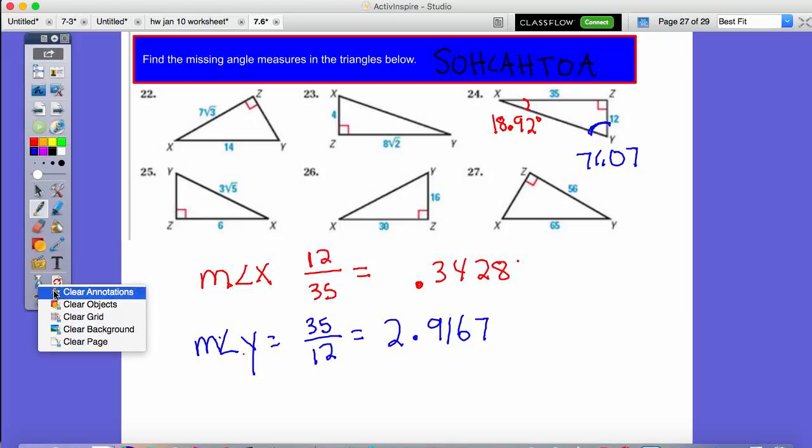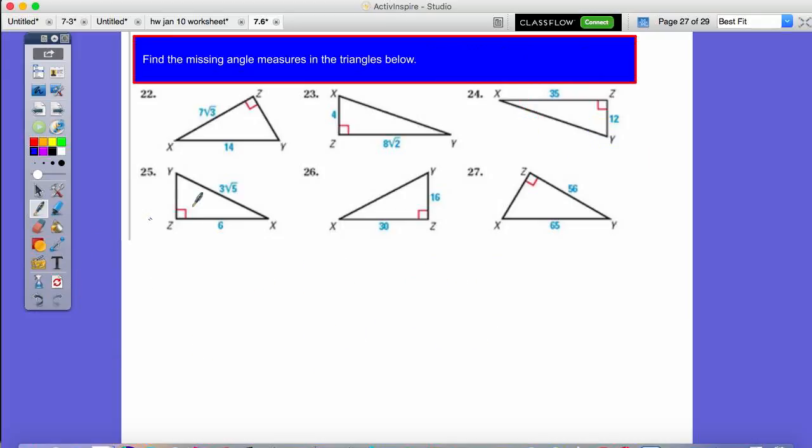Moving on, problem 25. I'm going to find angle y first. I have a hypotenuse of 3 radical 5. And actually, to make my life a little bit easier, radical 5 is 2.236, etc., times 3.